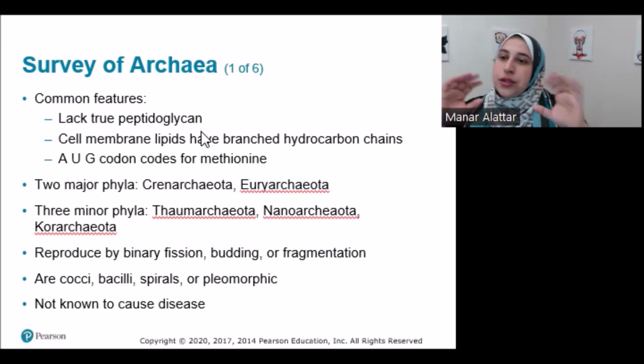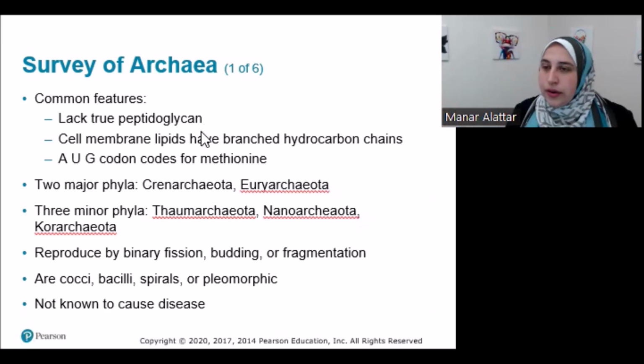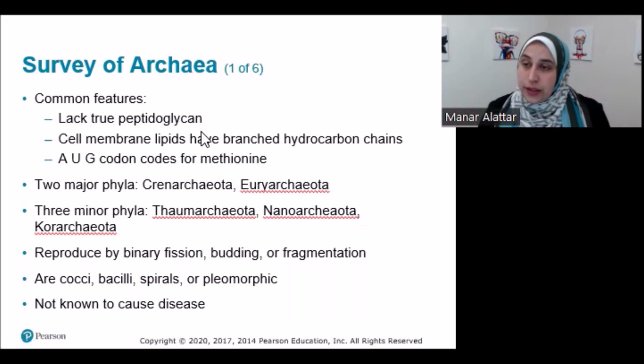They have structures similar to peptidoglycan, or sometimes pseudopeptidoglycan, but they're not the same in terms of their chemical makeup as bacteria.